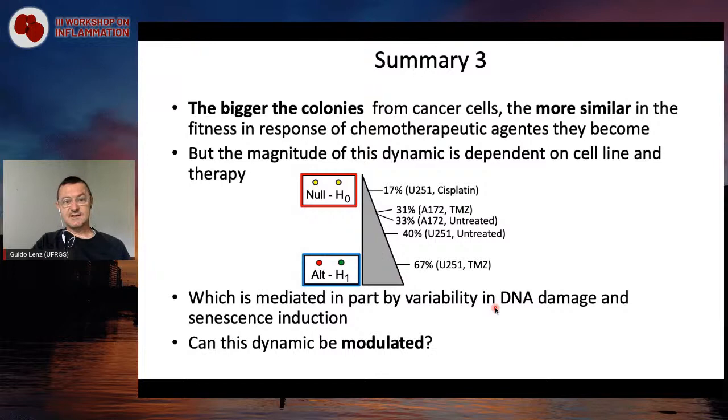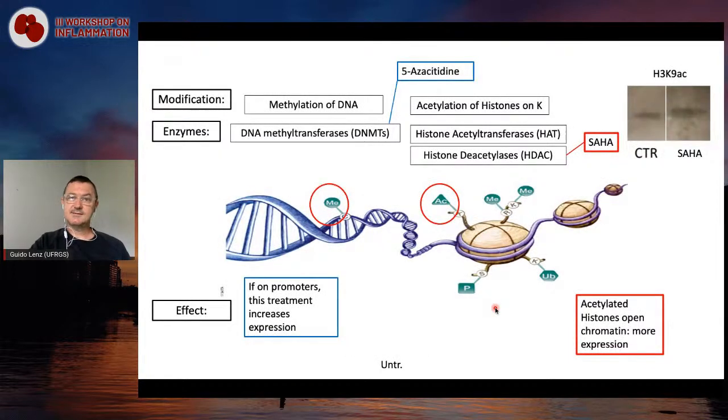The next question is if this can be modulated. So we tested a bunch of epigenetic modulators, and the data I'm going to show you, which obviously is the data that had the biggest impact, was the combination of SAHA, which is an inhibitor of histone deacetylase and increases therefore the acetylated content of histone 3 at lysine 9, and 5-azacitidine, which is an inhibitor of DNA methyltransferases.